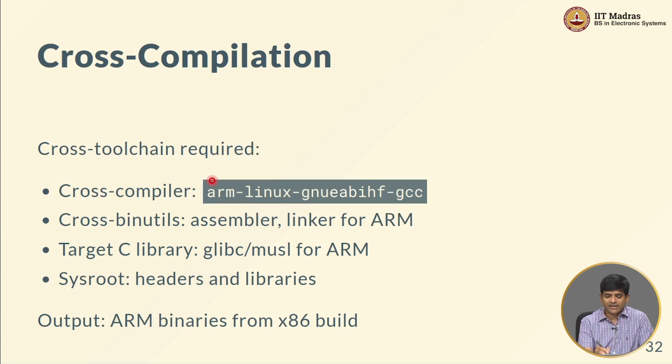And by specifying this, we are saying that we are targeting an ARM processor running Linux, but more than running Linux, what is important is that this part of it, the GNU EABIHF, specifies something called the ABI, the application binary interface, which tells us various things like, for example, how does the Linux running on ARM expect functions to be called, how does it expect code to be managed, how does it expect the ELF files to look, okay.